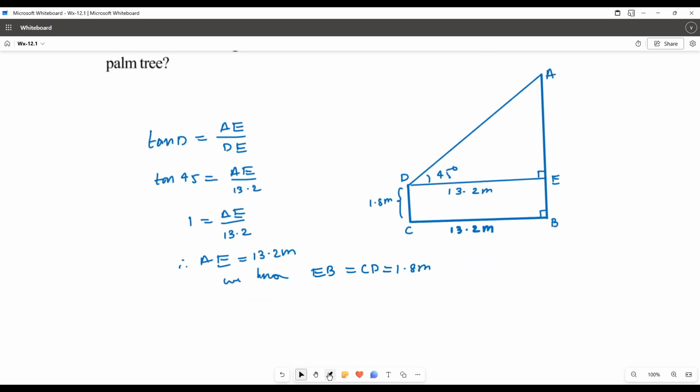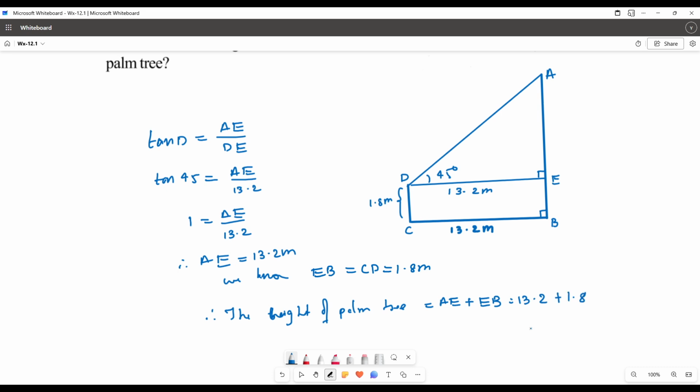Therefore the height of the palm tree is equal to AE plus EB, which is equal to 13.2 plus 1.8, which is equal to 15 meters.